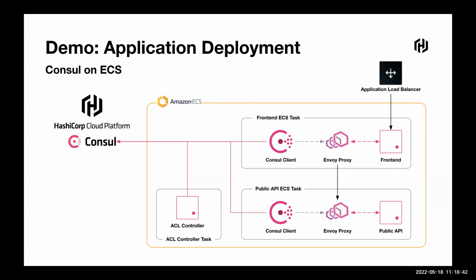The console client will join the console cluster when the task starts up. This enables the task to get service catalog information from console. And the console client also is responsible for configuring the sidecar proxy with the information it needs.